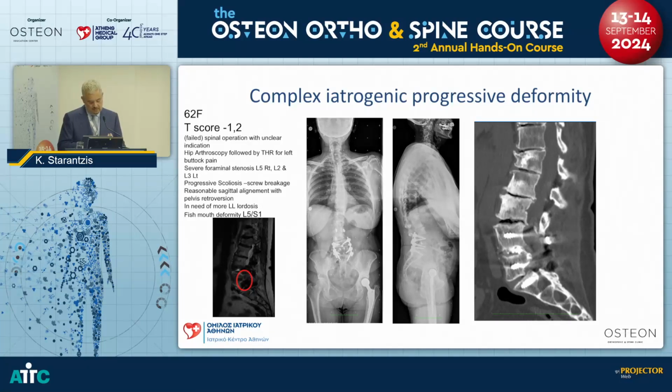And she's still left with the foraminal stenosis, which is the main symptom. And now she's got back pain as well. Back pain and leg pain. What would you do? Oh, she had the screw breakage, as you can see on the plain X-ray. The S1 screw is broken.